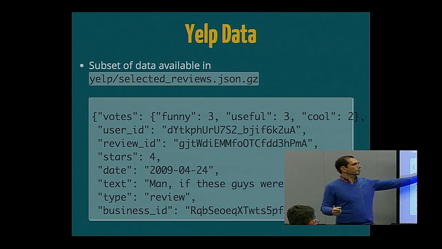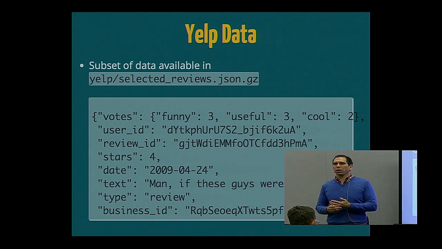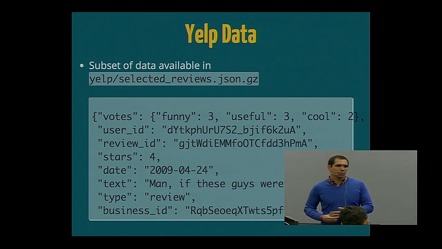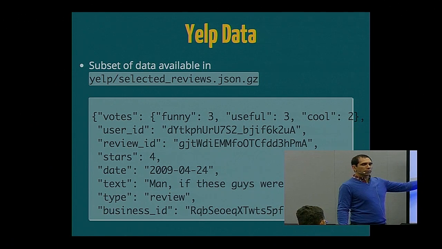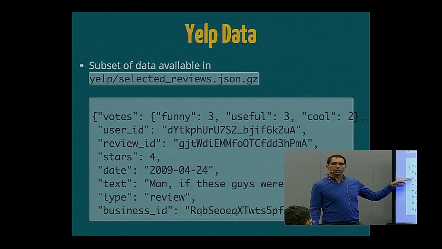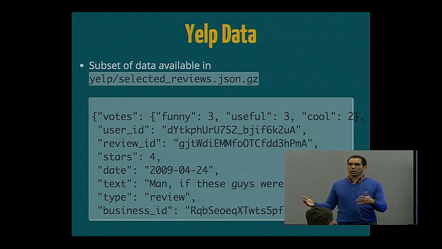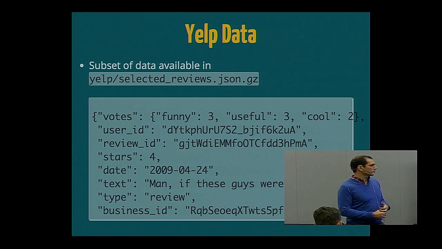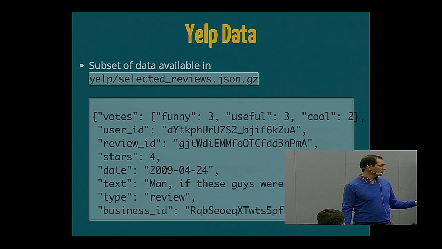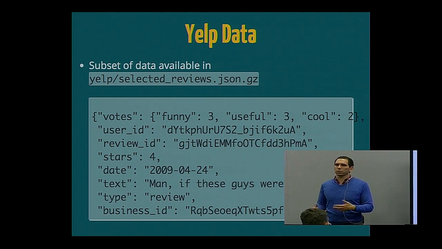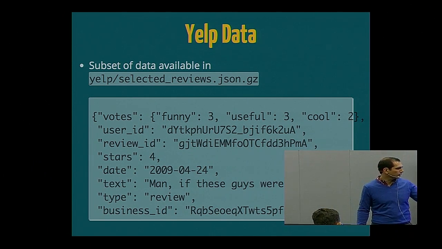It has information on the votes, so people can vote on a review to see if it's useful, funny, or cool. The user ID that wrote it, the review ID, the number of stars, 1 through 5, that person gave the business, the date they wrote the review, and the text of the review, the actual review itself. I've truncated it here.